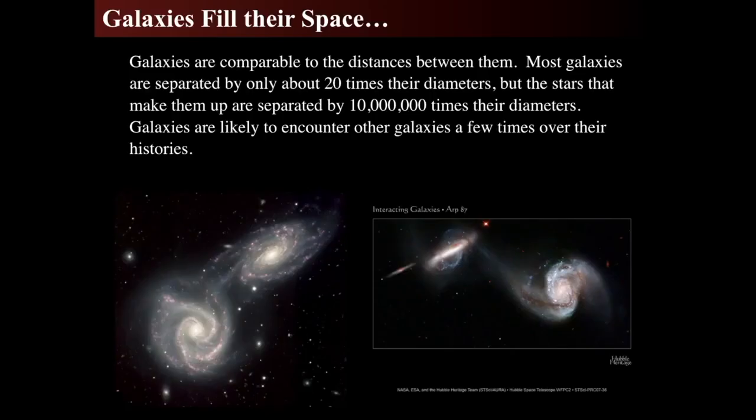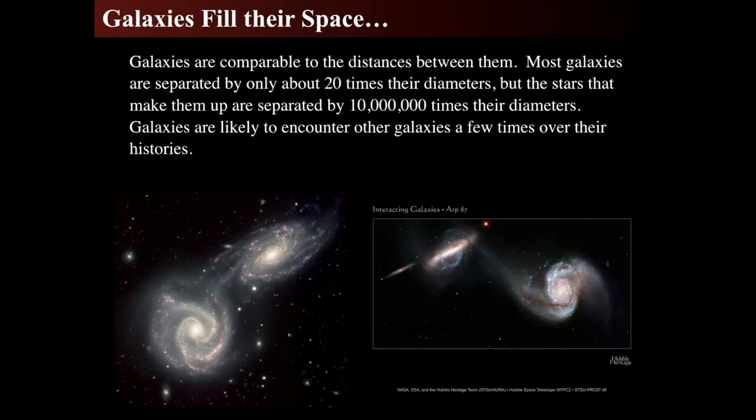All right, so the first step to think about is that galaxies fill the space around them, unlike stars inside of galaxies, because remember, galaxies are made up of stars, hundreds of billions of stars, such as these two examples that we see here.